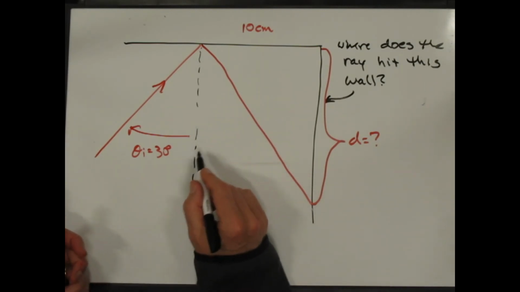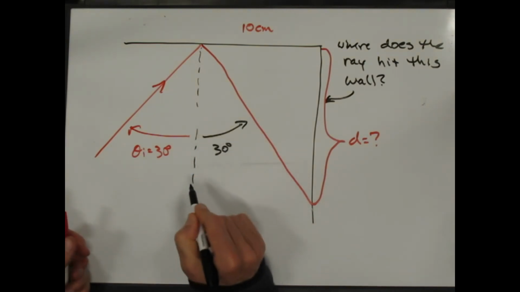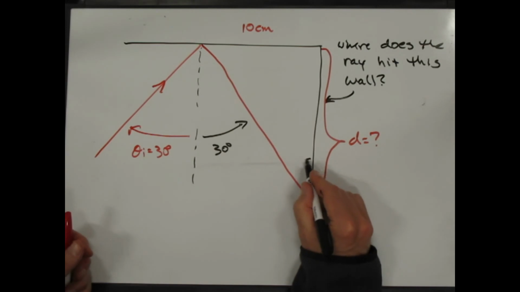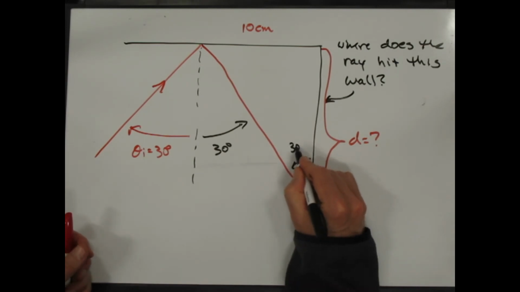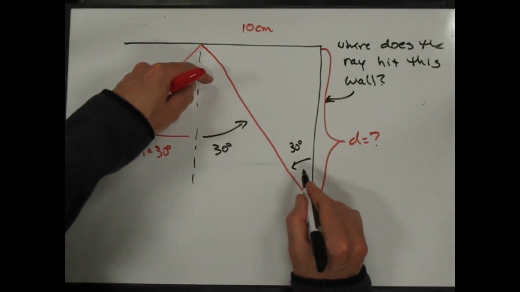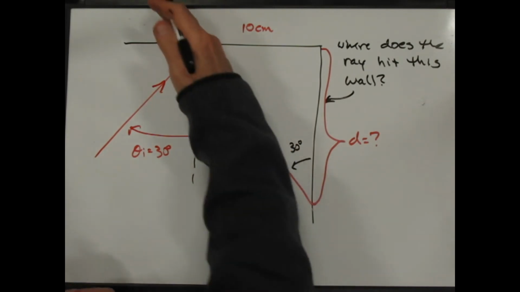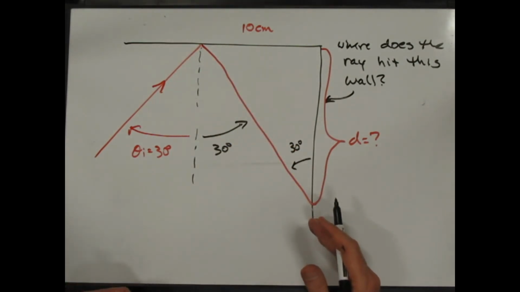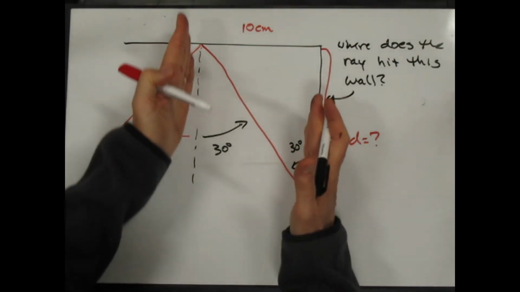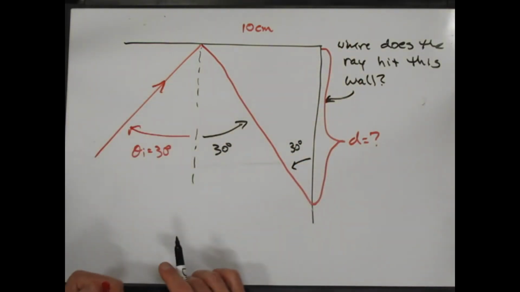We solve this problem by saying, well, look, when it's reflected, this angle is 30 degrees. And that means this angle is 30 degrees because these two lines are parallel, and opposite angles for a line that cuts two parallel lines, the normal and this wall here, are equal.